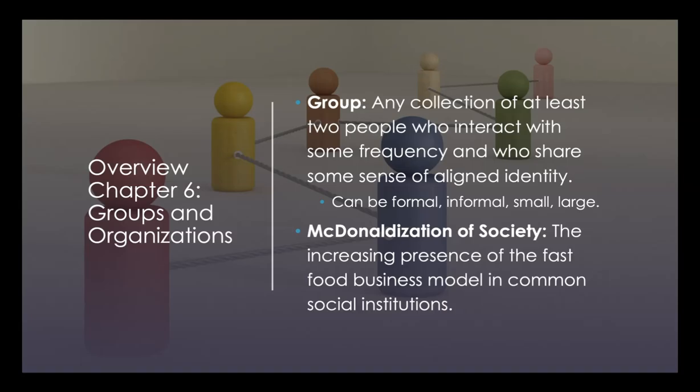A newer, more contemporary sociological theory, again, that you can add to your sociological toolbox as we continue to analyze social phenomena and historical things within the social world around us, is Ritzer's McDonaldization. So, according to Ritzer and the McDonaldization of society, it's this idea that the increasing presence of the fast food business model commonly infiltrates different aspects of social institutions.